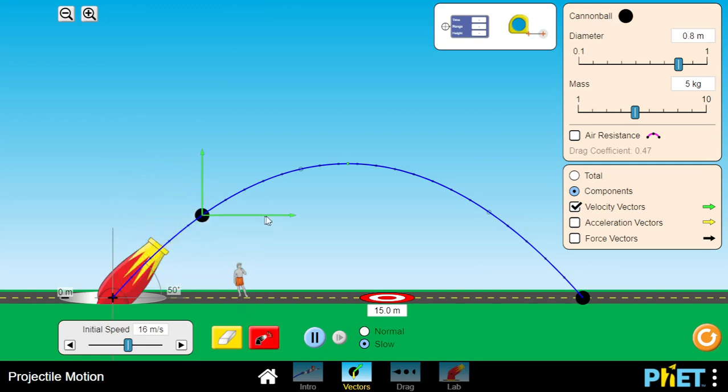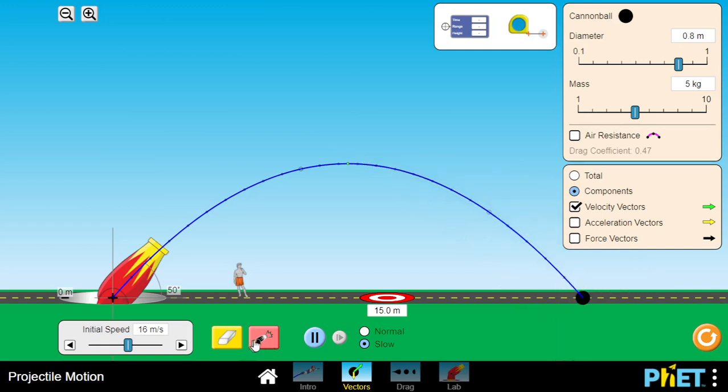So horizontally, this green one that's just horizontal, notice that it stays the same throughout the whole journey. So the x component, or the horizontal component of the velocity, is exactly the same throughout the whole journey. Doesn't change. The reason for that is because there's no forces acting horizontally. So there's not actually any forces acting on this cannonball horizontally if we model it as being in a vacuum.